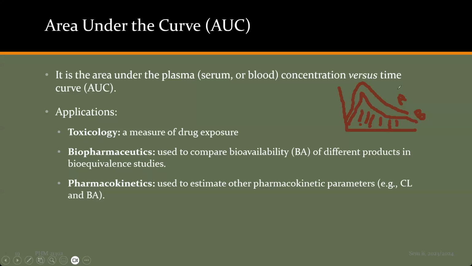So we can conclude that formulation A has larger bioavailability compared to formulation B. It's also used in pharmacokinetics to estimate other pharmacokinetic parameters. We can use it to calculate bioavailability and clearance.